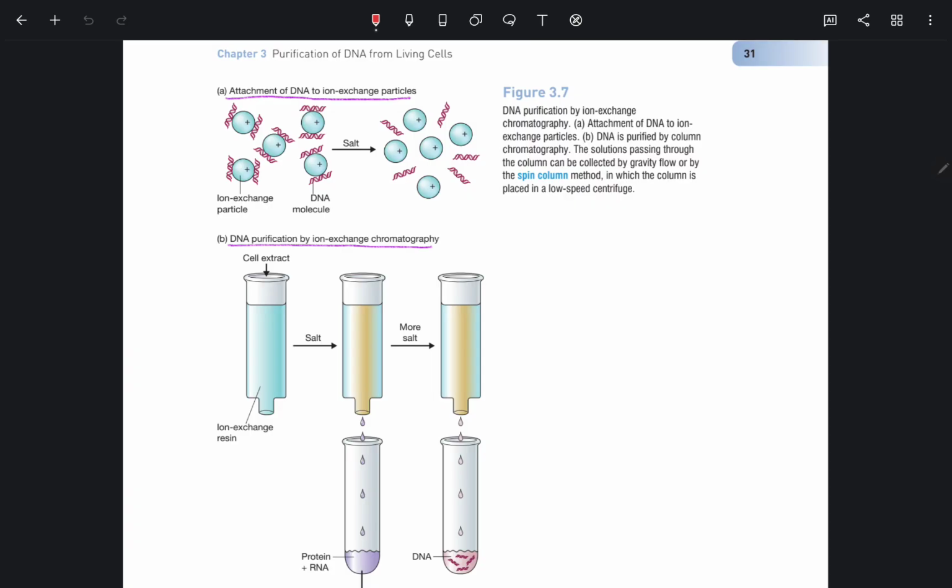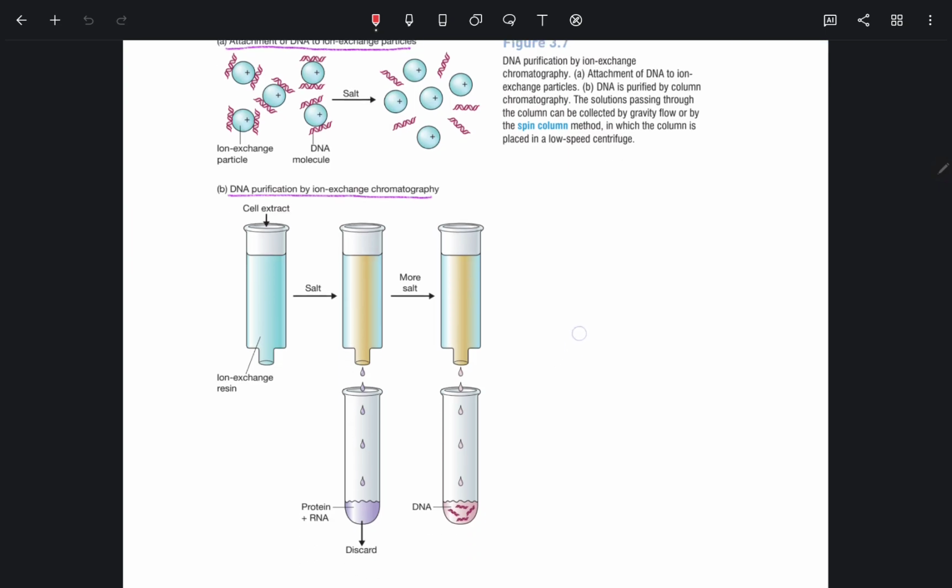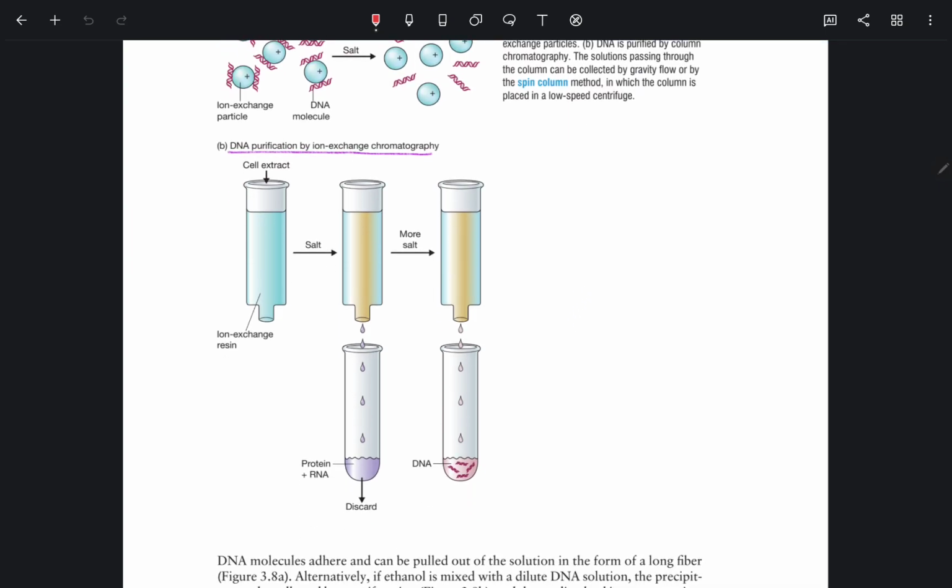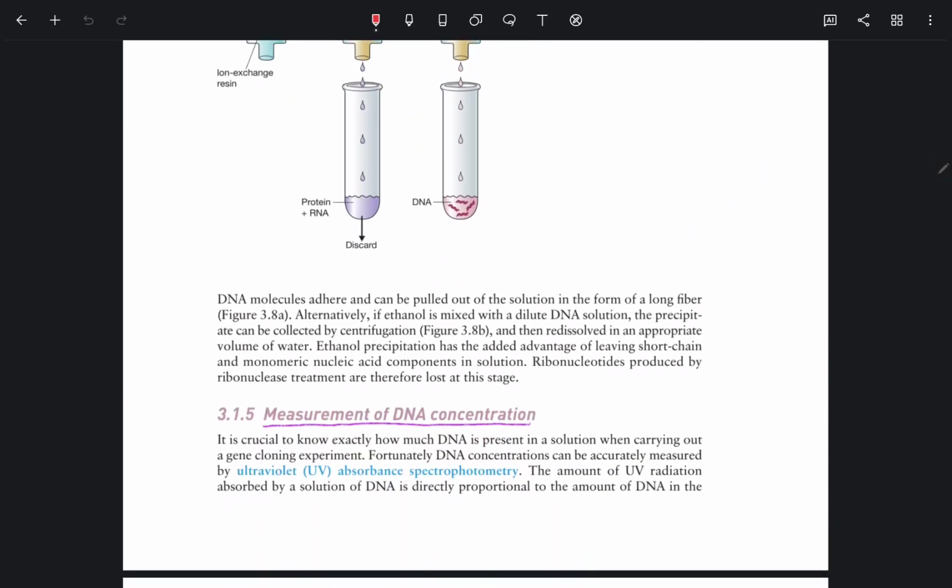And in DNA purification by ion exchange chromatography, it's going through a salt solution and ion exchange resin, and gives rise to chromatography, and then more salt added gives rise to DNA extract and protein plus RNA extract, which is discarded.